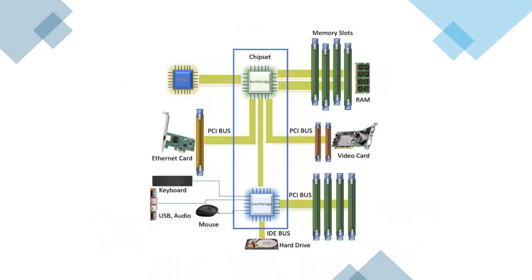A bus is a pathway or a set of pathways that allows data and signals to travel between components on the motherboard. There are several types of buses which vary in speed and bandwidth.